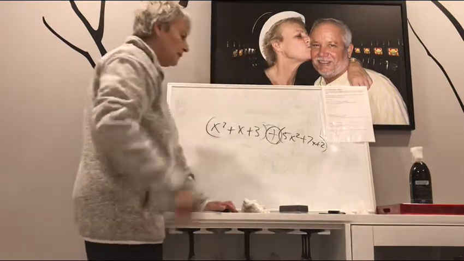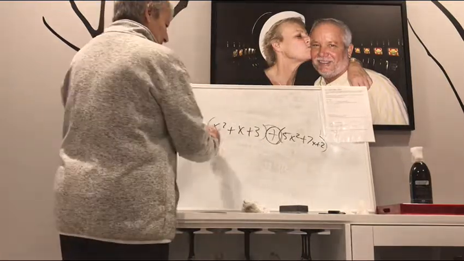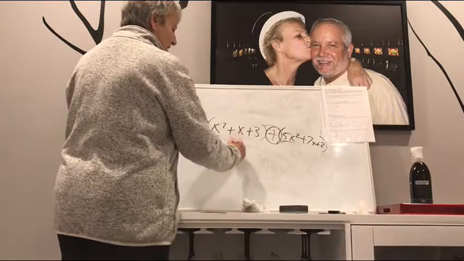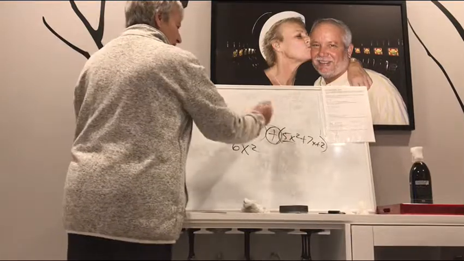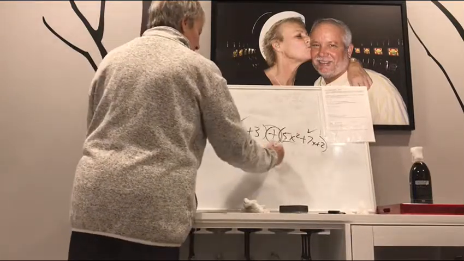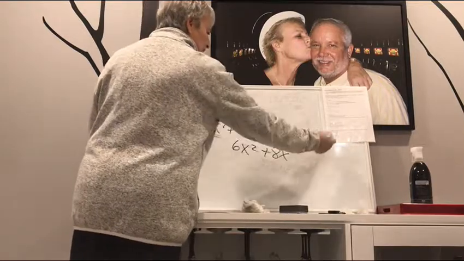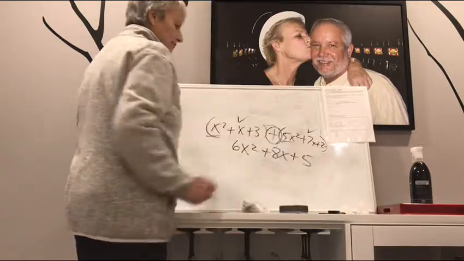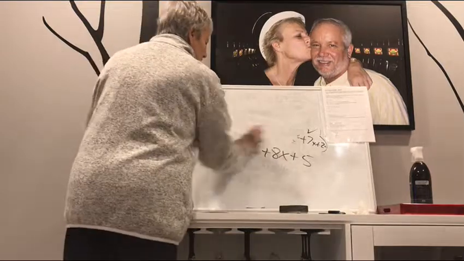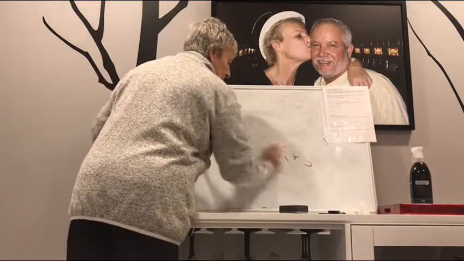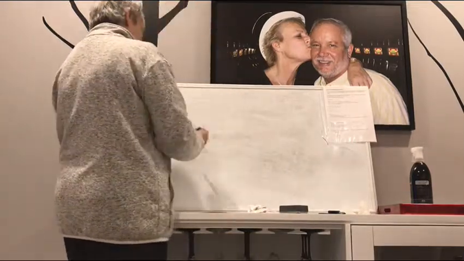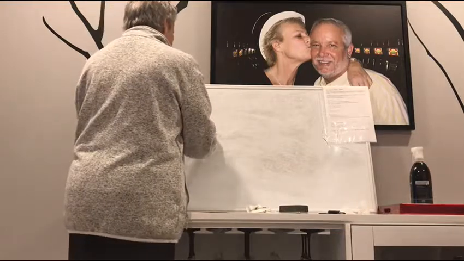You can just dump the parentheses and start adding. X squared, 5x squared, 6x squared. X, 7x, 8x. 3, 2, 5. It's only when you have subtraction and then parentheses. Boy, it's getting messy. Let's do one more and I'll stop.